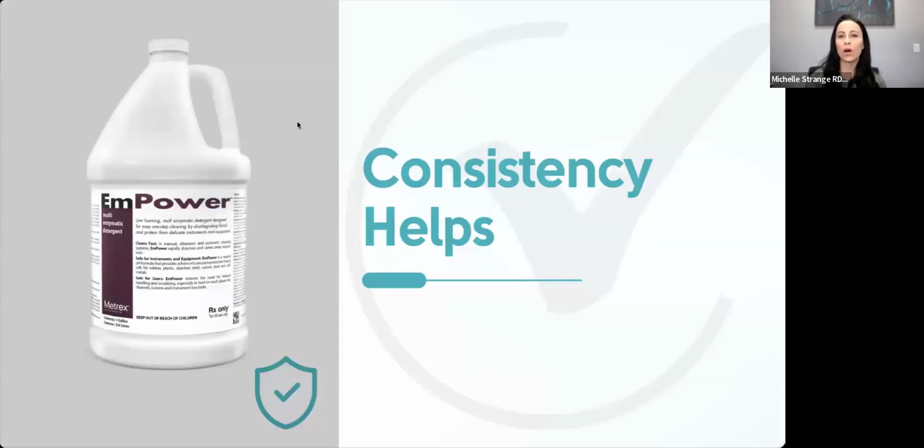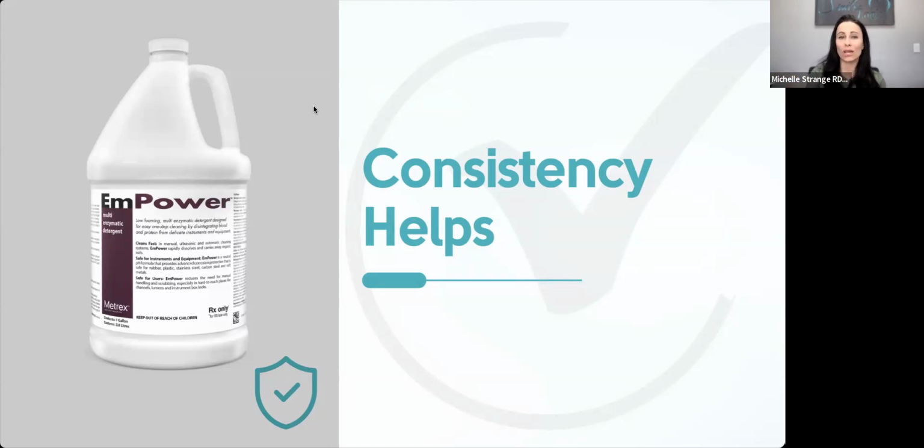And just building on that, I want to talk about consistency of products, because one of the most frustrating things I see is when products that we use are constantly changing. Whether it's because of what's on sale, somebody came in saying you could buy a case, get a case free, or you're out of stock of this, we didn't order in time, so we'll get whatever's available.